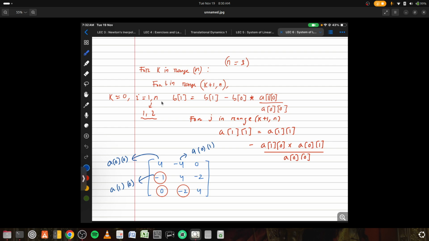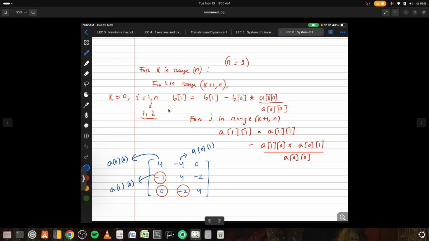So b1 is 5 and b0 is 4, right? In equation 22, you see that b1 is 5, and that is how you get the modified b1 and b2 values. So first we are updating the right hand side, and then you have to update the coefficients itself. Now see my screen.